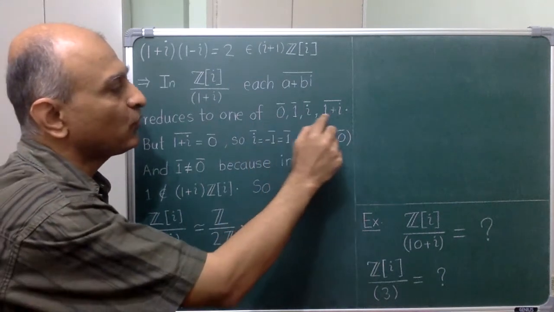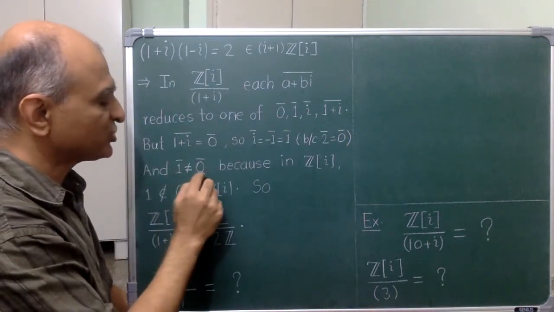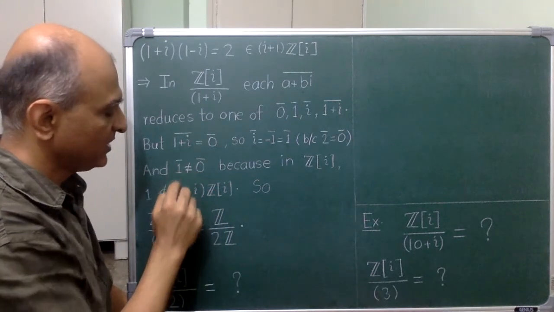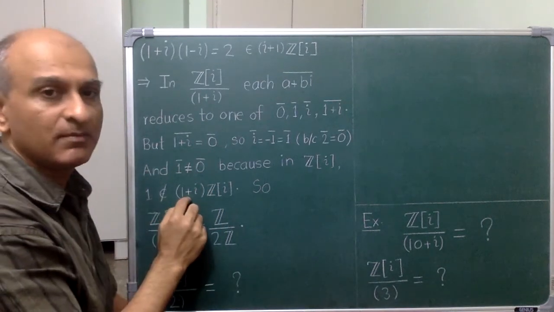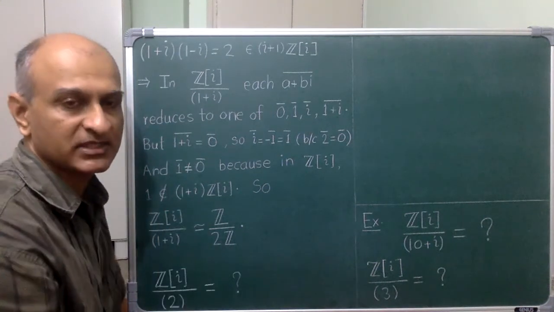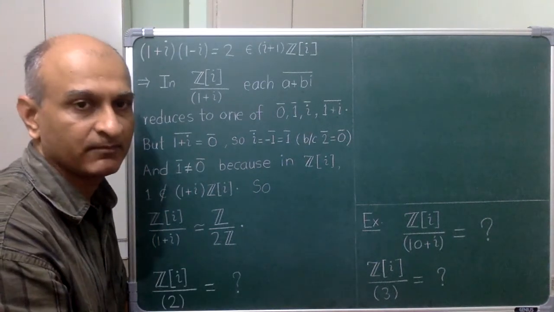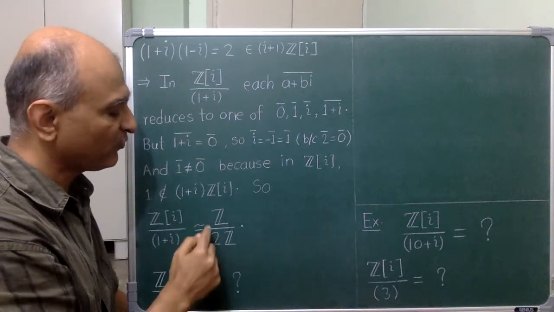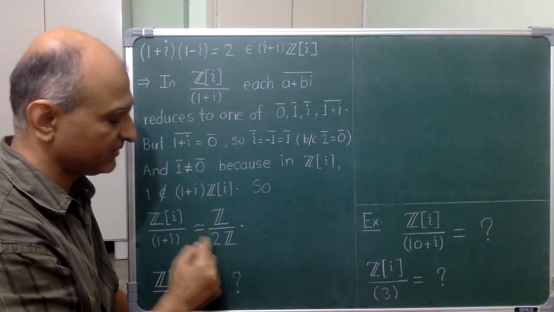Therefore, these 4 expressions reduce to just 2. And these two congruence classes are different because 1 is not a multiple of 1 plus i in the Gaussian integers, as you can check. So I have obtained a 2-element ring which is therefore isomorphic to Z mod 2Z.